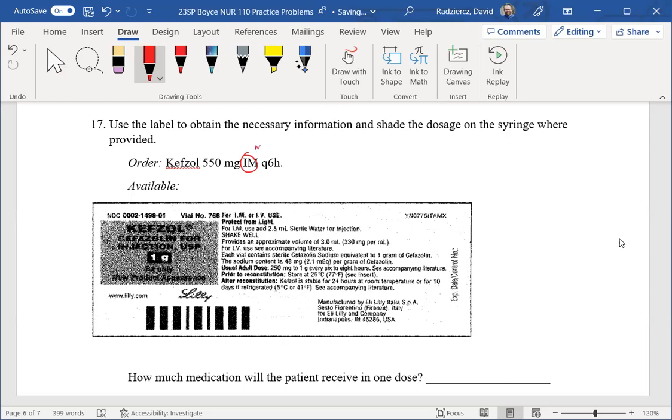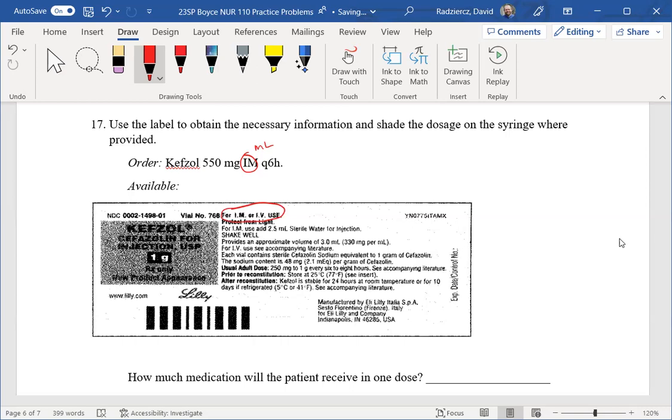You administer that in a liquid form. That's clue number one. If it's IM or SC, it's milliliters. The label even says right at the top, it's for intramuscular IV use only. That's important to know.